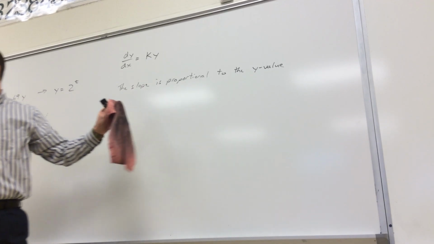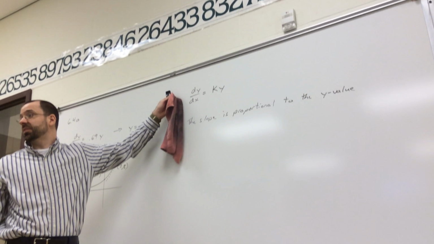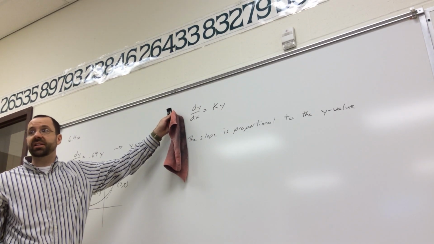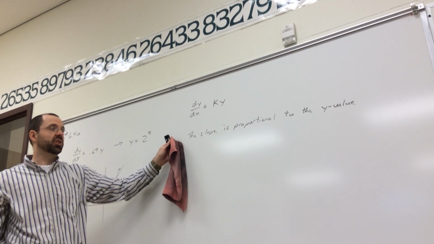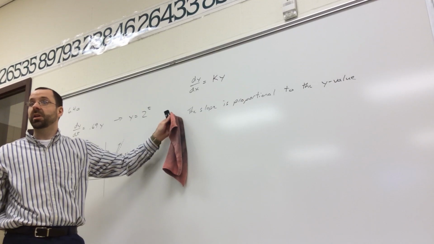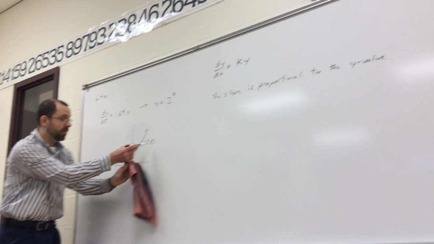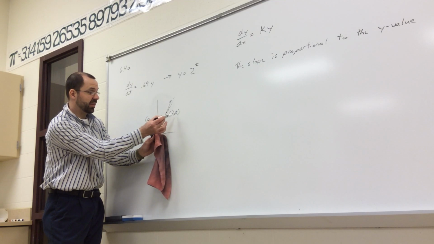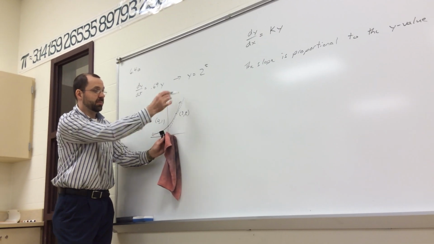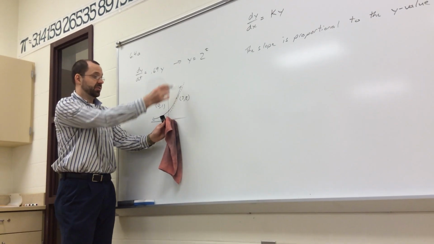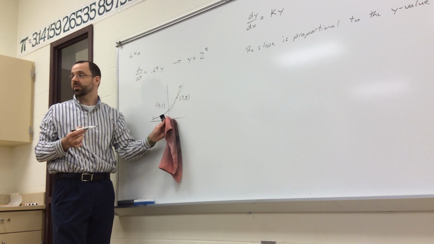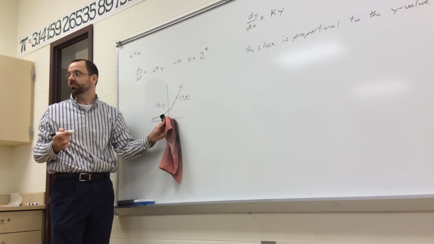And what that means is, if you want to know the slope at the point, all you have to do is take the 8, the y value, and multiply it by the number. And then that tells you the slope at that point, the steepness of the curve.